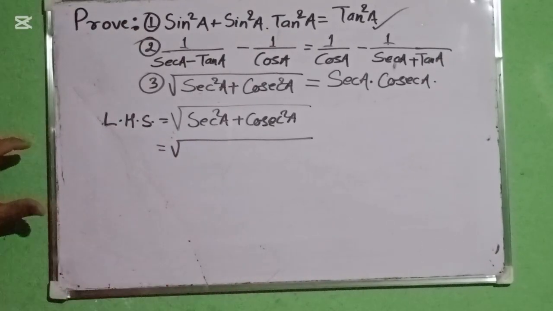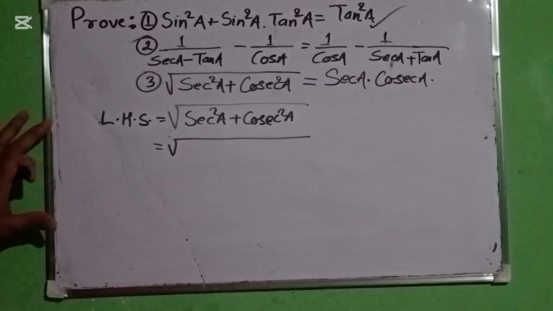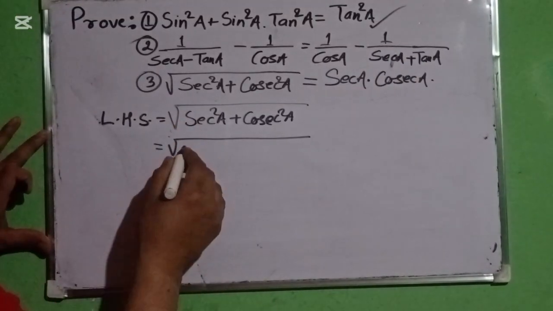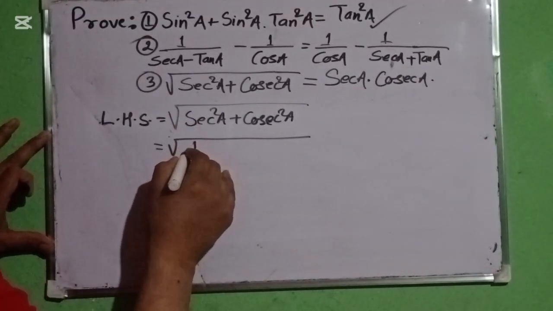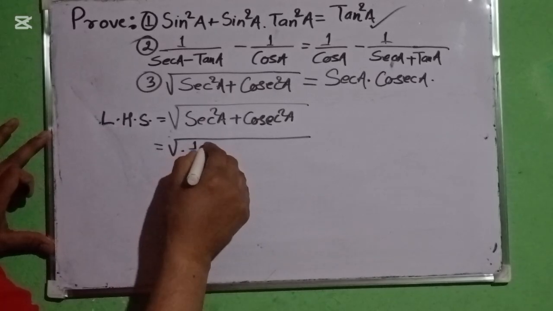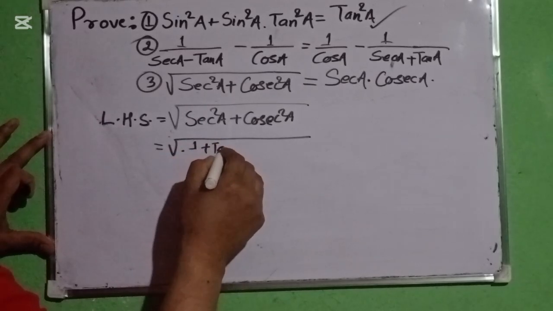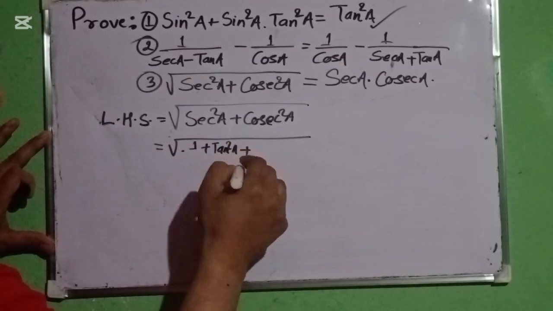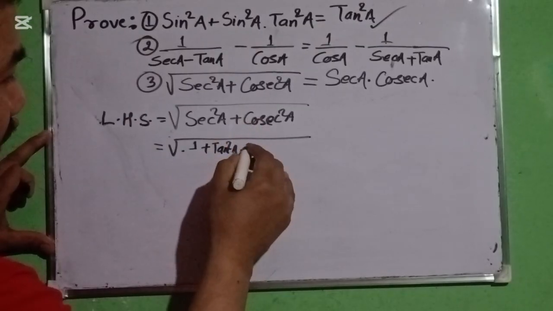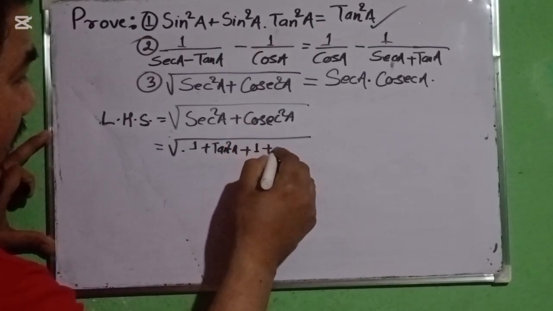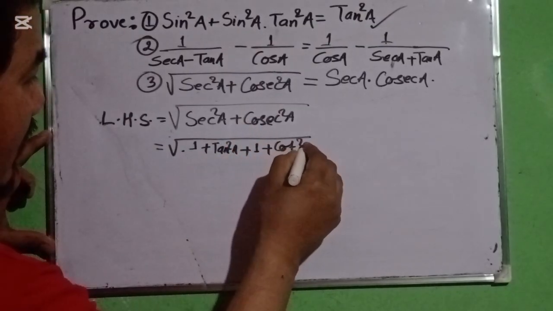In place of sec square A we can write 1 plus tan square A, and cosec square A means 1 plus cot square A.